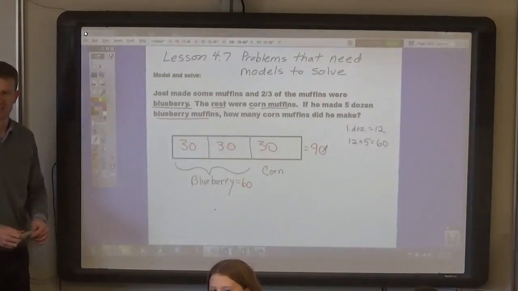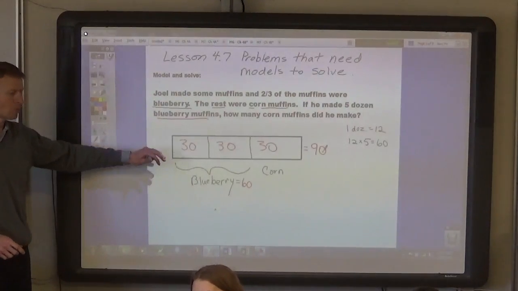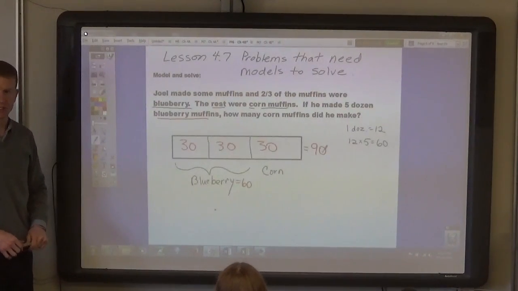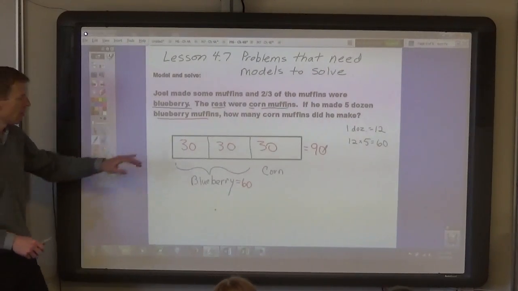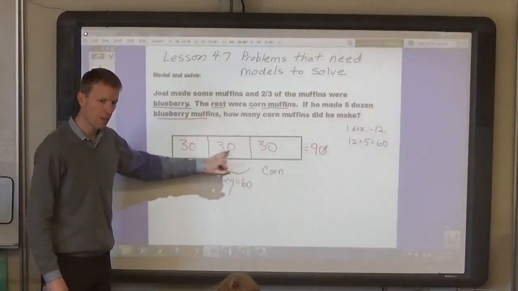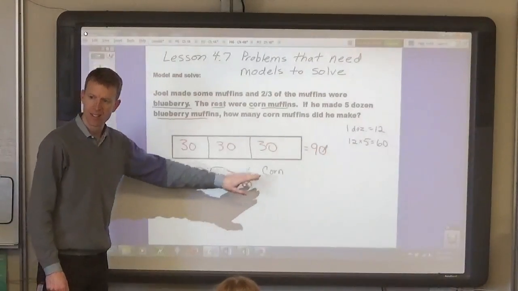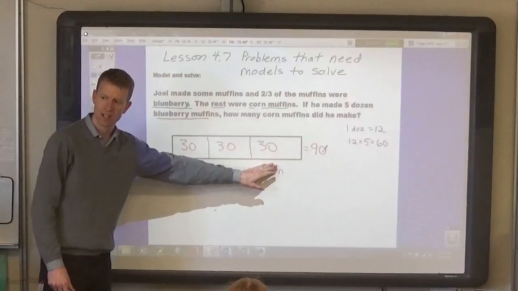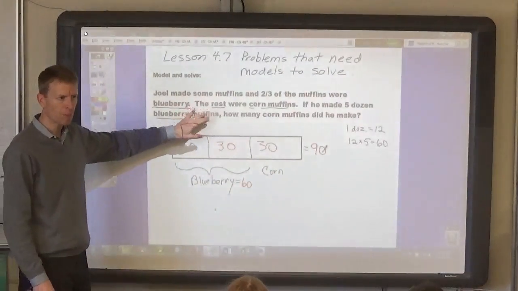Okay. You see how simple it is when you draw it out? If we draw this out, cut it into thirds, label 2 of them blueberry, the other one's corn, there wasn't really anything complicated that we did.